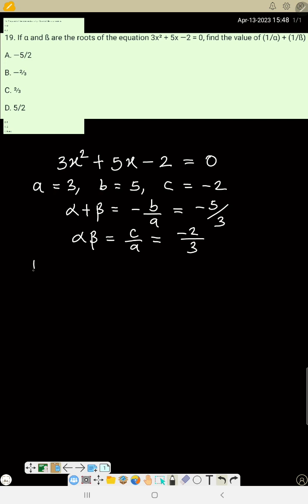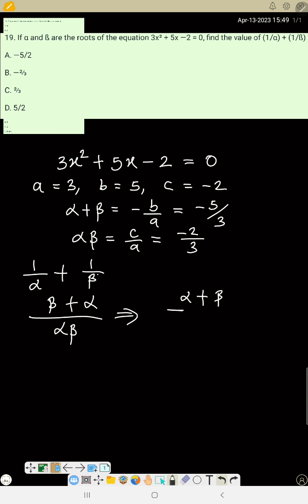So we're asked to find the value of 1 over alpha plus 1 over beta. So what is the LCM here? Alpha beta. Alpha in alpha beta, it remains beta, plus beta in alpha beta, it remains alpha. So this is equivalent to alpha plus beta divided by alpha beta.